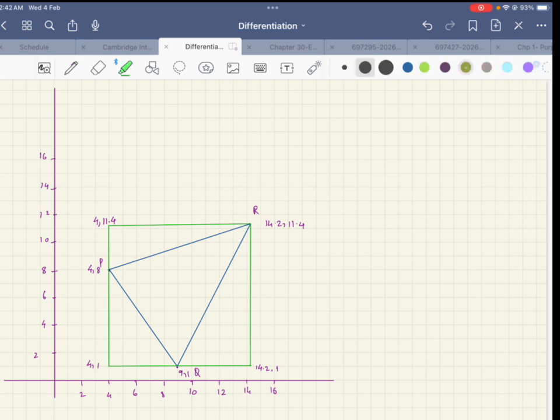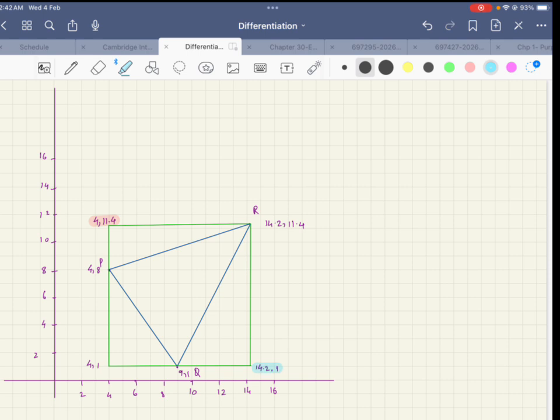So what we are going to do is, I have made a box around it. As it's on the grid, making a box is easy, and finding the missing coordinates of the box is also easy. For example, which coordinates have I written on my own? Coordinate number 1 is this one that I'm highlighting in red because this is a side of the box. How did I figure out the y coordinate? Because it's lying at the same height, so the y coordinate of this one and R is going to be the same. Second one, I'm going to highlight in blue. 14.2 and 1.